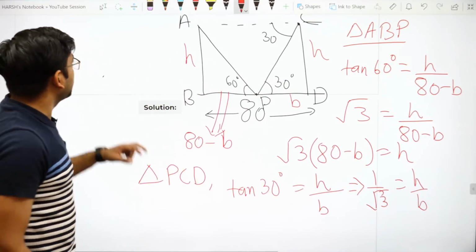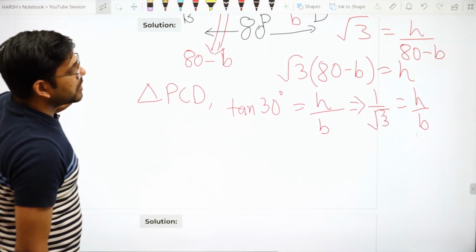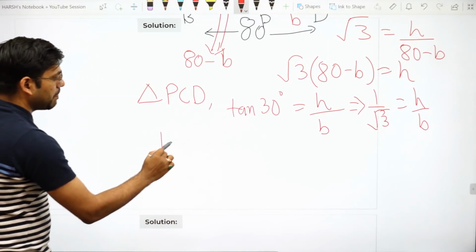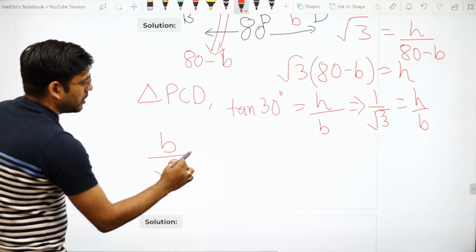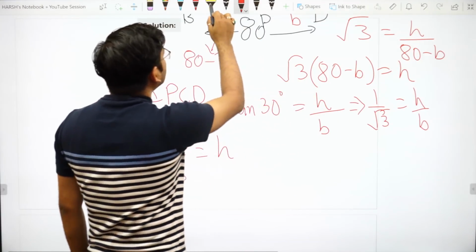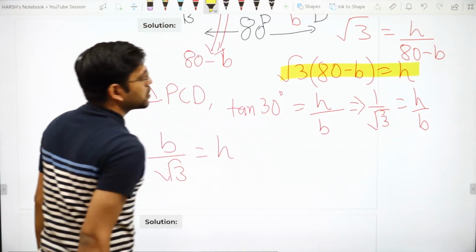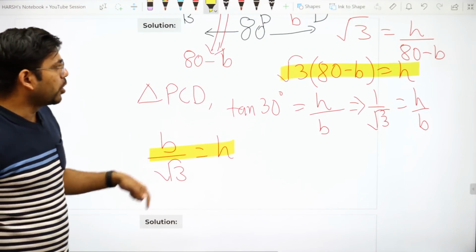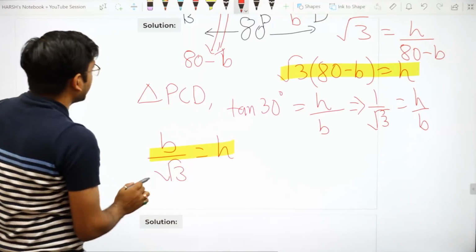Doing the cross multiplication again, it will become B upon root 3 is equal to H. Now here also we have the value of H, and this value is also H.